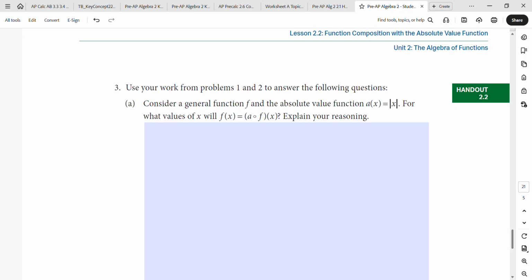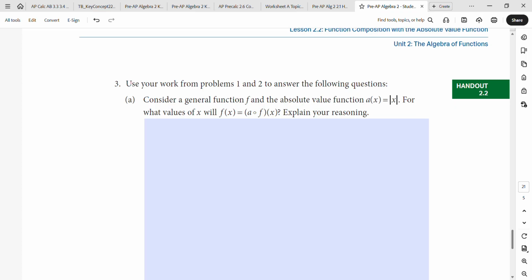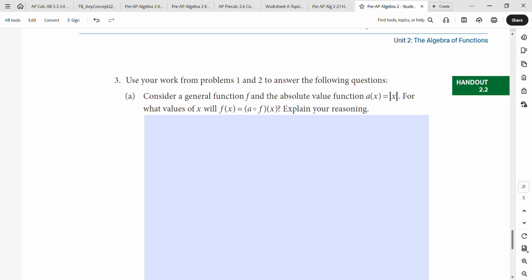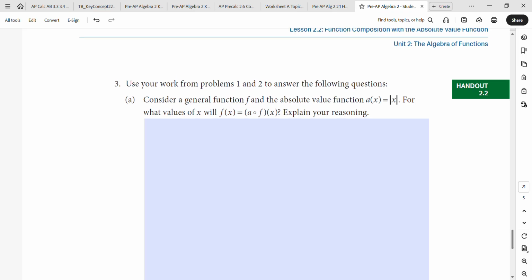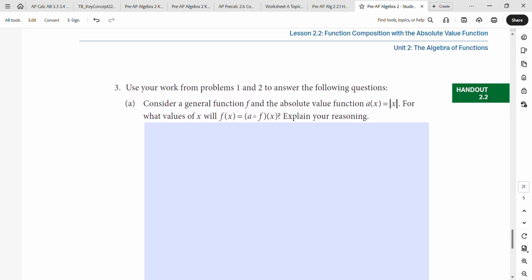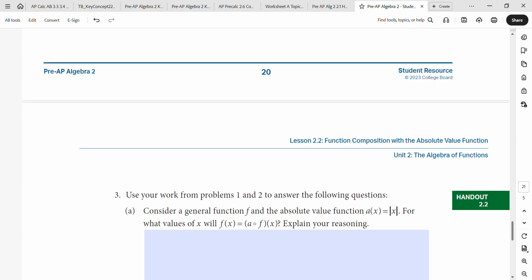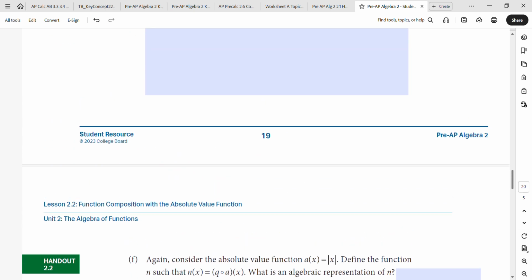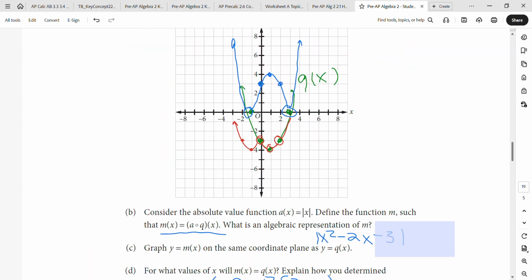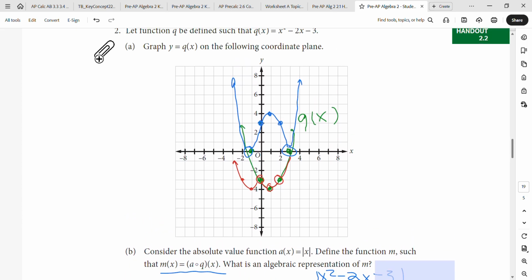For what values of x will the original function and its composition be equal? Well, this is representing what happens when we look at the quadratic, with the green and the blue.